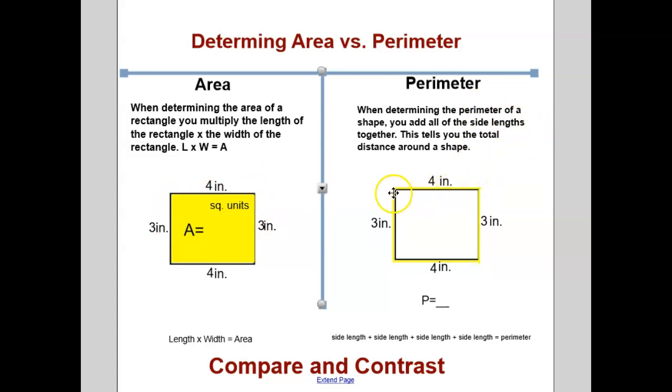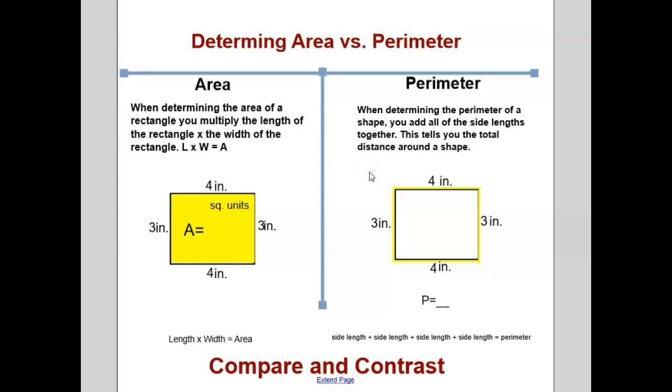Perimeter is just the distance around the outside edge of an object. So we know that area and perimeter are very different. Pause the video and be ready to tell me how area and perimeter are different.